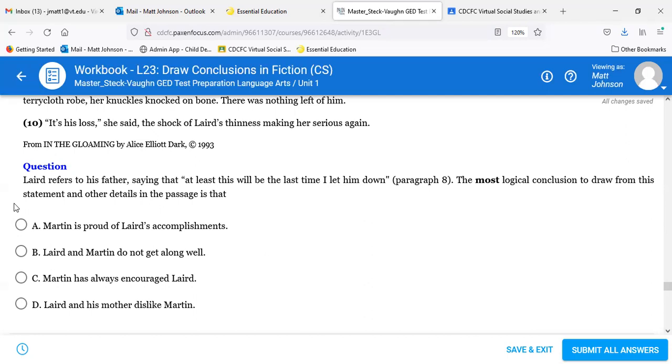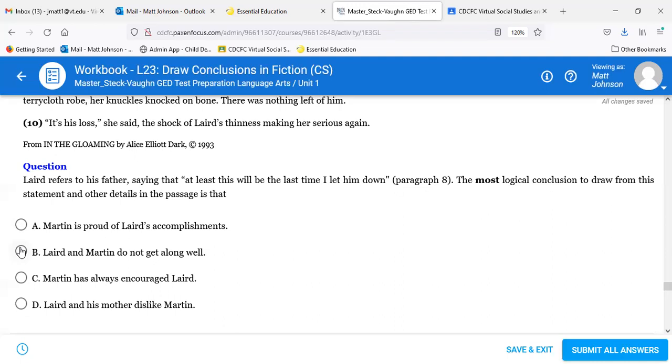B. Laird and Martin do not get along well. C. Martin had always encouraged Laird. D. Laird and his mother dislike Martin. B. Yeah, B as in boy, right?